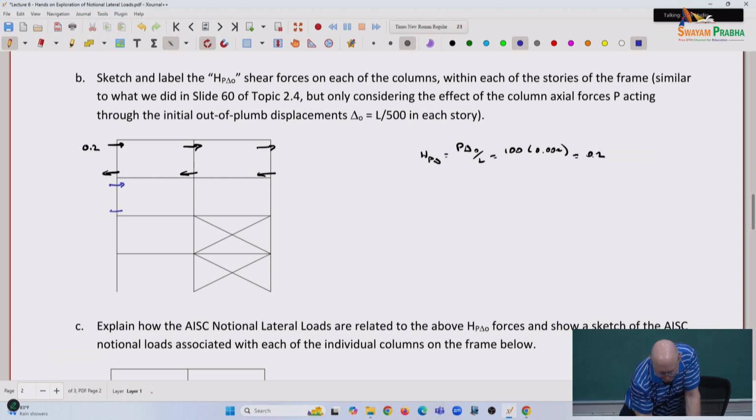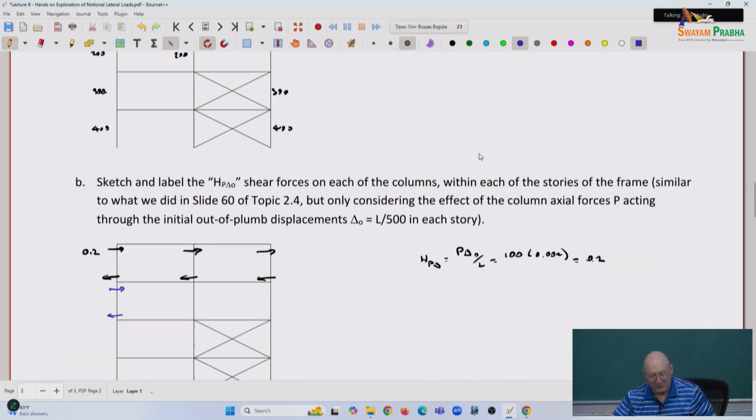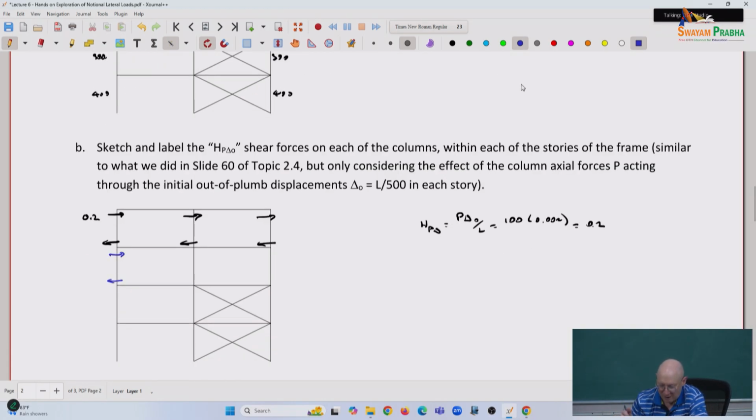All right, so next story down, we basically do the same thing, H P delta, but the P is now 200, right? So what's my P delta shear in each of my columns? This is going to be 0.4, correct? All right, so now if I change to orange, well, let me finish filling that one out. That's 0.4.